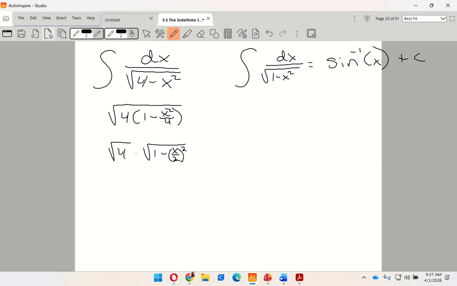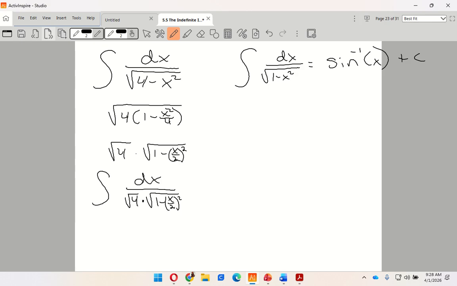So I'm going to rewrite my problem. And I have integration of that. But what is that square root of 4? Isn't that just 2? And if I'm able to take it out right there, what else could I do with that?